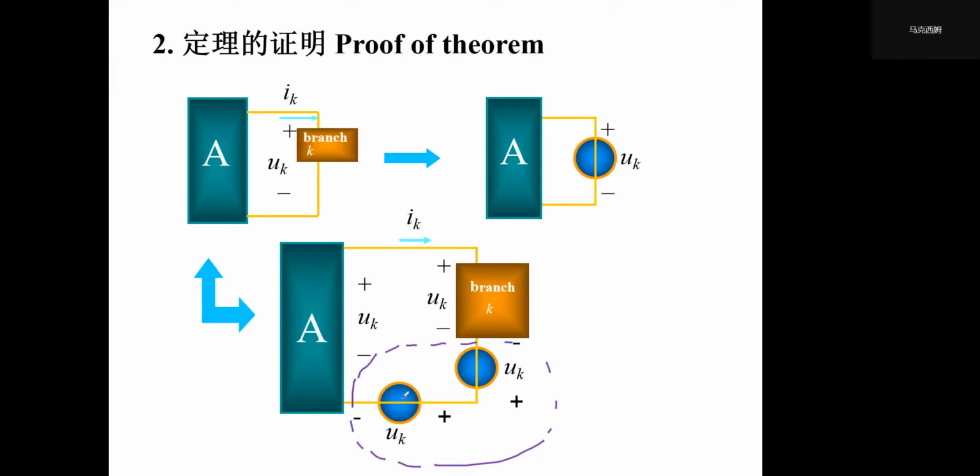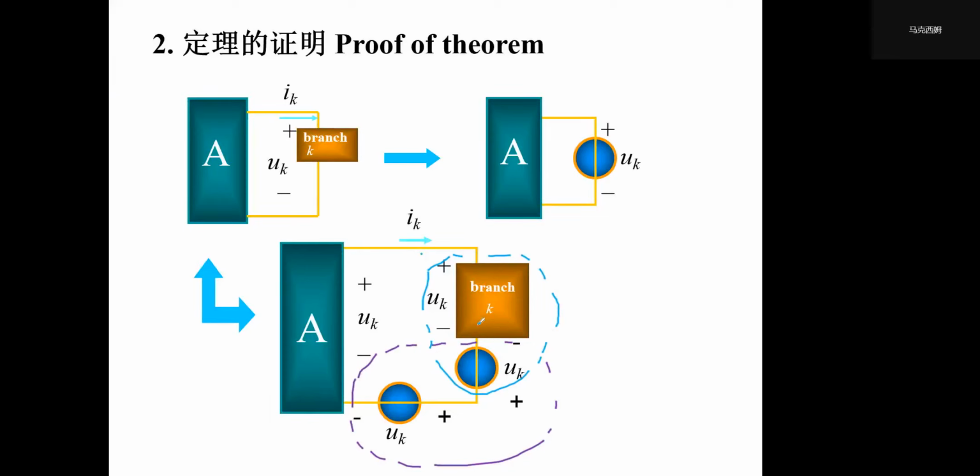Because those two counter the effect of each other, now we just remove this part, right? We just bypass it since the voltage on this branch is equal to 0.